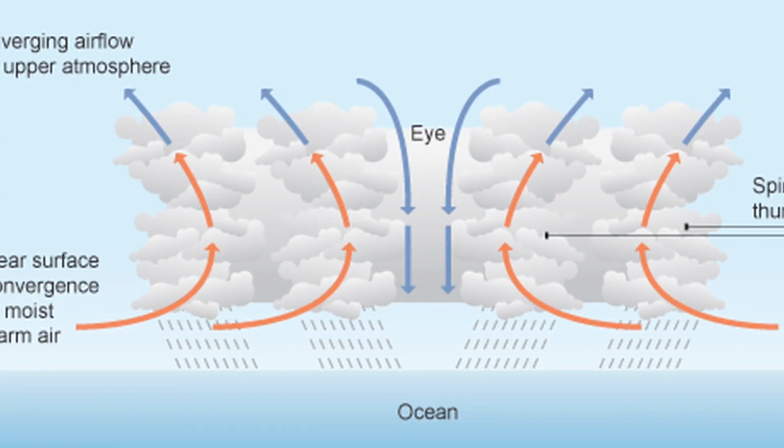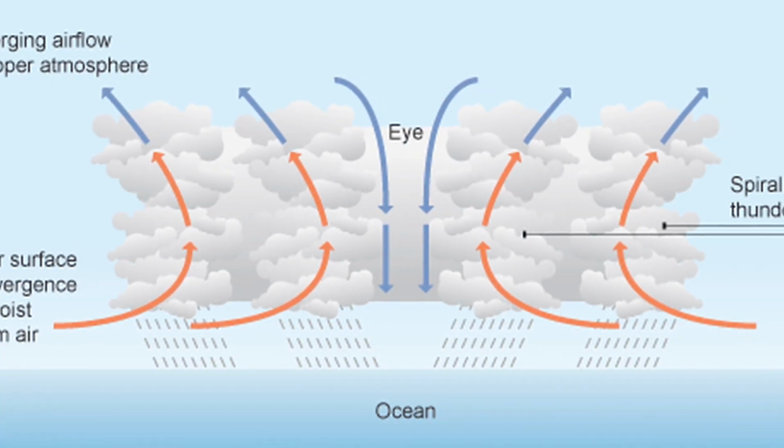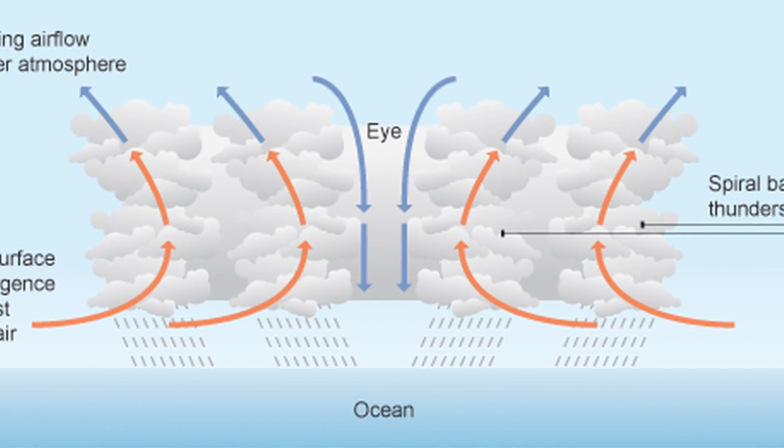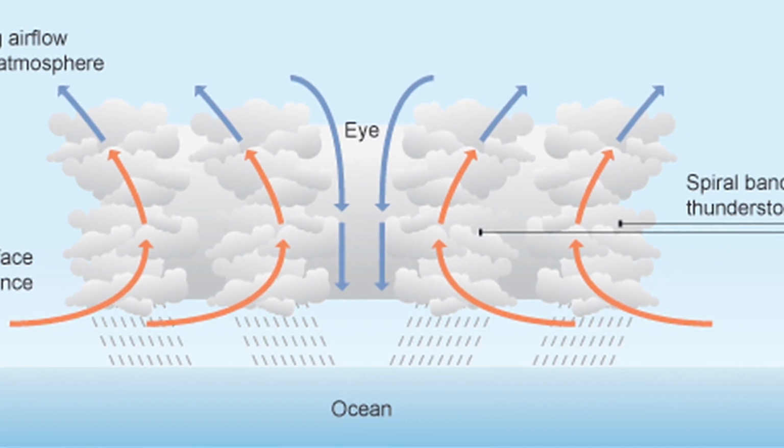Strong winds push water toward the shore even if the storm is hundreds of kilometers away. The low pressure in the eye lifts water surface in the center. The rising water may be as high as 3 to 12 meters. It appears like a water wall moving toward the shore.